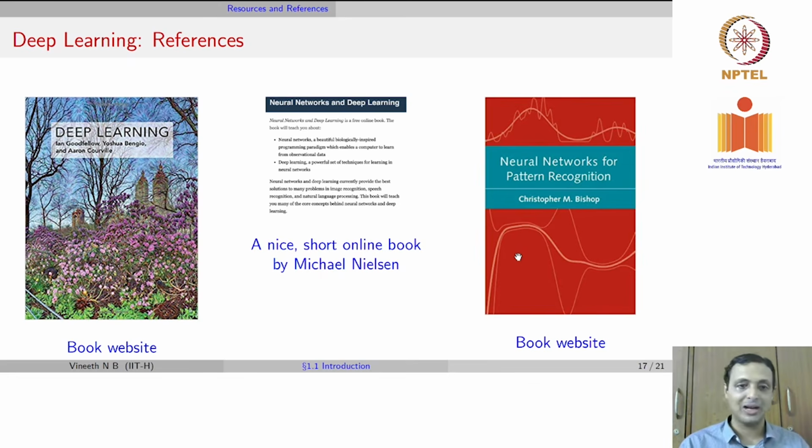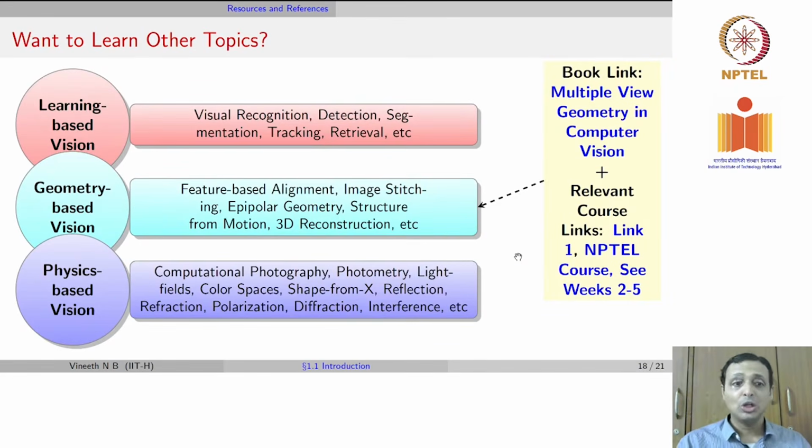If you wanted to learn geometry-based vision, since I said that the course is focused on learning-based vision, what do you do? There's a very nice book called Multiple View Geometry in Computer Vision. It's again linked here. Please do take a look at that book if you want to learn. There is also a course on NPTEL for geometry-based vision.